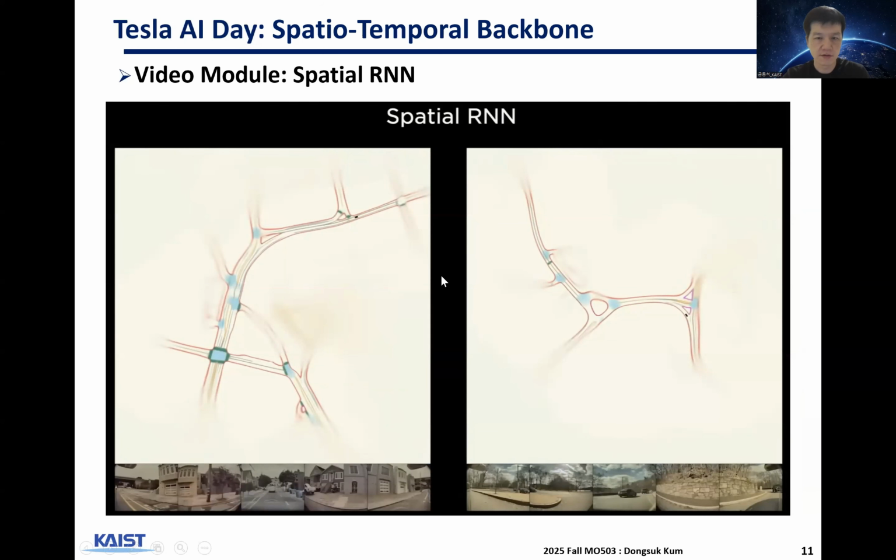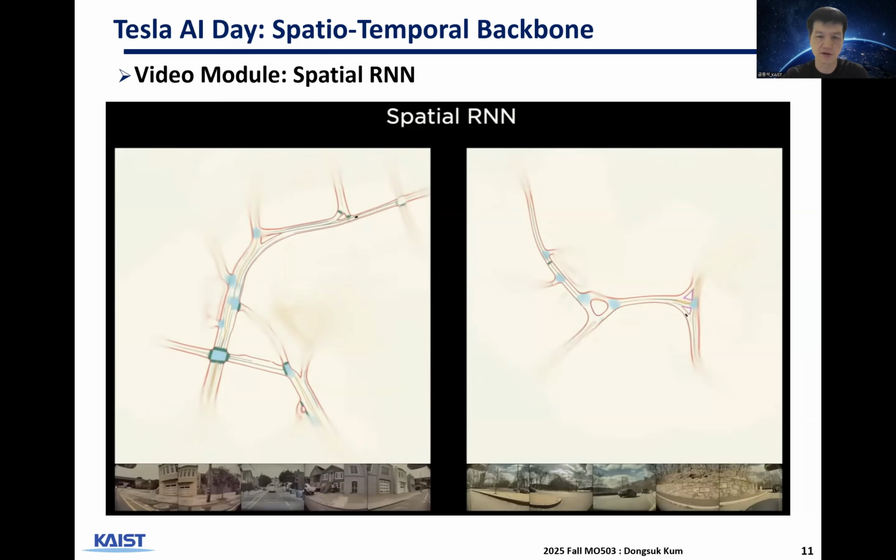The spatial RNN is a bit different from regular RNN in the sense that they're using an RNN unit for each space, whereas existing RNNs usually represent sequence or time sequence type of signal.